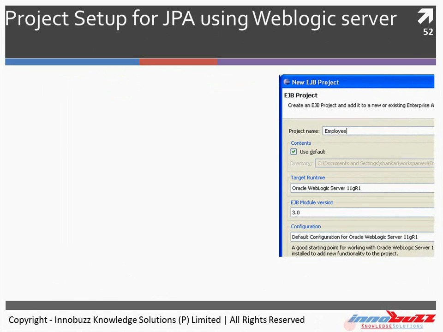After doing the data source setting in WebLogic server, the next step is the EJB project. Since we are doing entity bean creation, you have to do it within the EJB project.